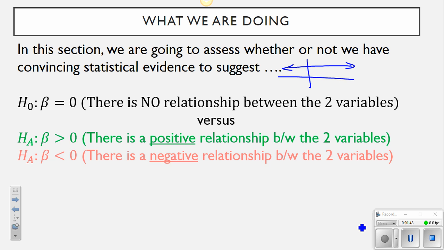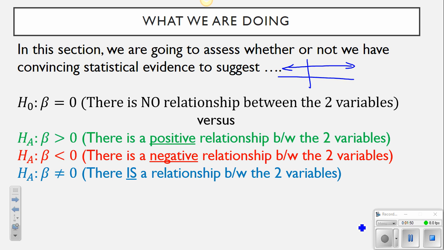Versus the alternative of one of these three. Maybe we have evidence to show that the true slope beta is greater than 0. If it's greater than 0, that means there's a positive relationship between two variables, because as x increases, so does y.